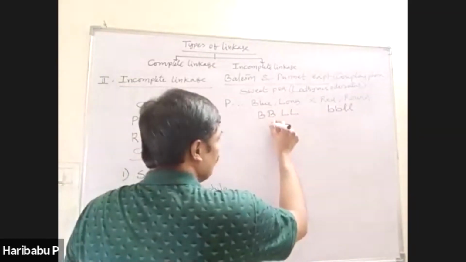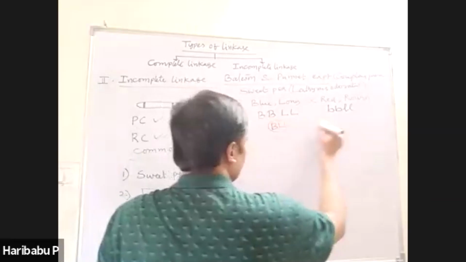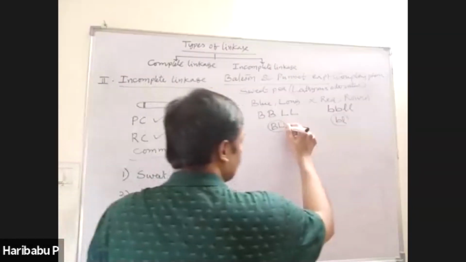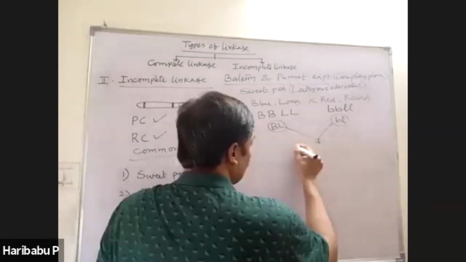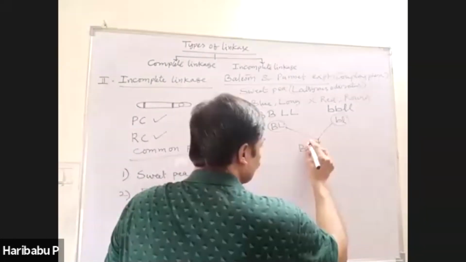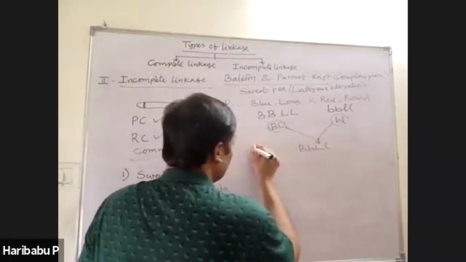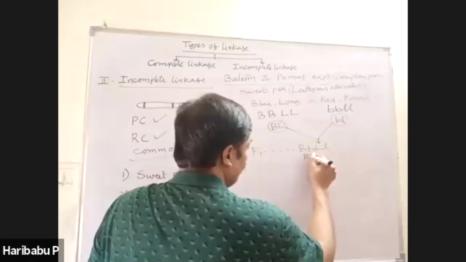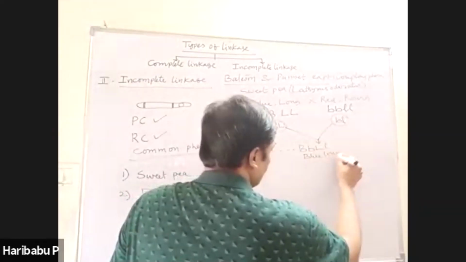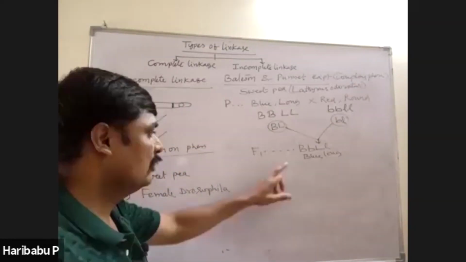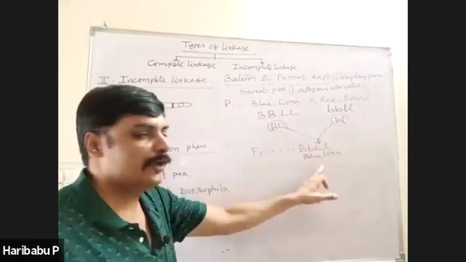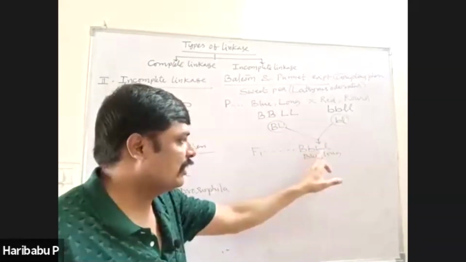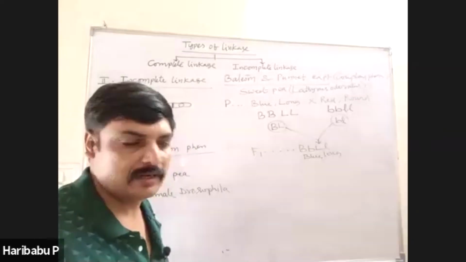Now capital B, capital L is the gamete, small b, small l is the gamete. Now when these two are crossed, you will get capital B, small b, capital L, small l. This is the F1. F1 are blue long. That means they resemble the dominant parent phenotypically, but genotypically it is different.